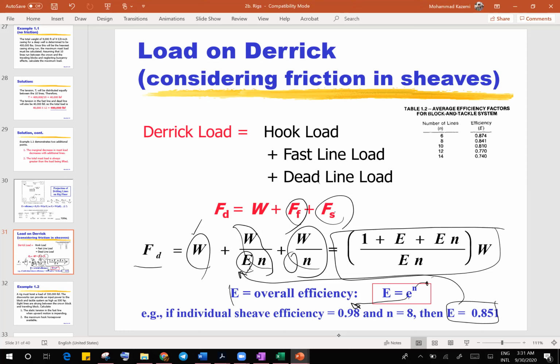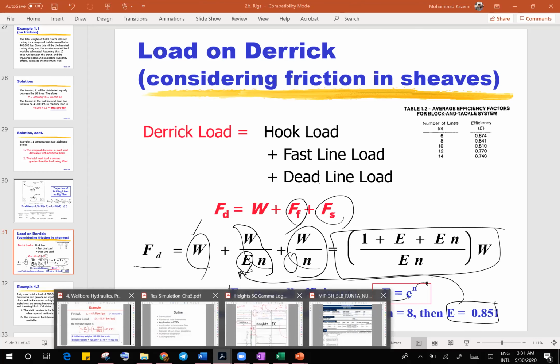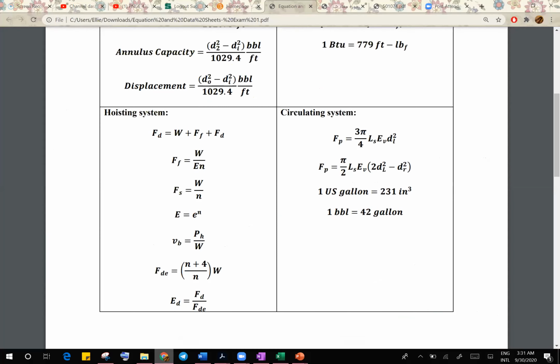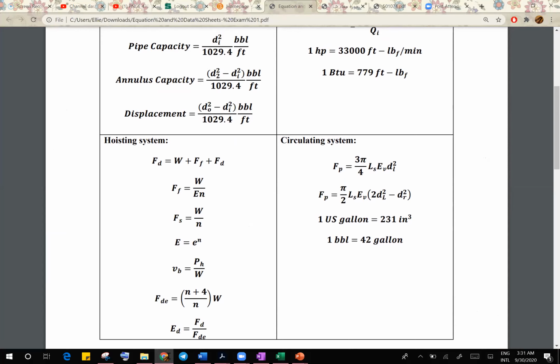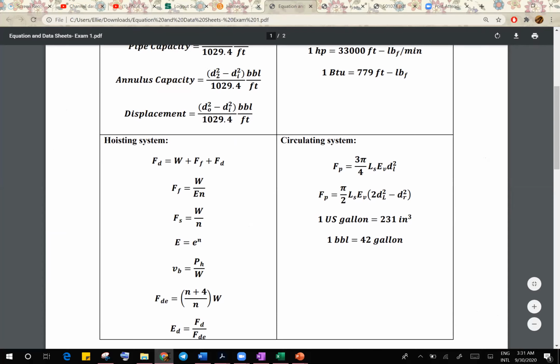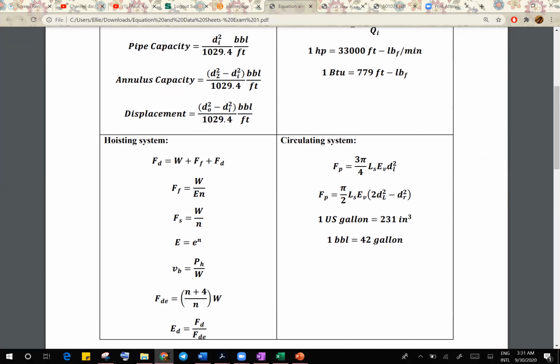Are we going to be given those efficiencies? Well, in the equation sheet, there is that equation, right? You see here, E is equal to e to the power of n. If this lowercase e is not given to you, just consider it to be 0.98.